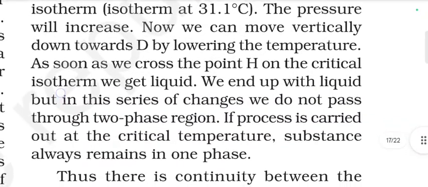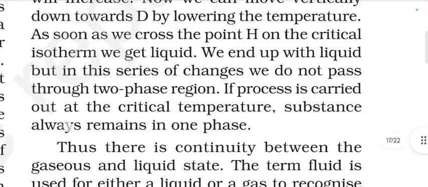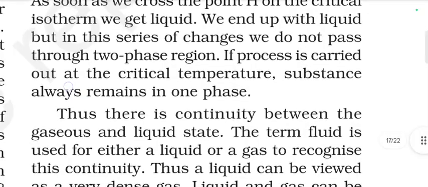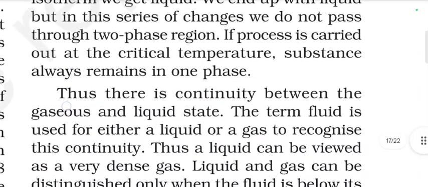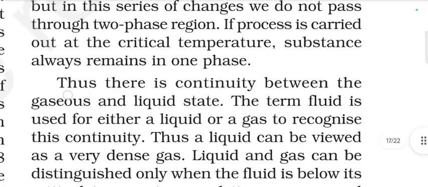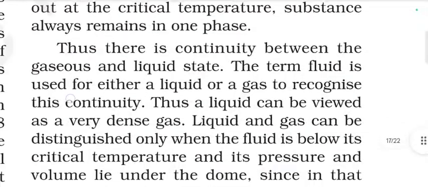The pressure will increase. Now we can move vertically down towards D by lowering the temperature. As soon as we cross the point H on critical isotherm, we get liquid. We end up with liquid, but in this series of changes we do not pass through the two phase region.